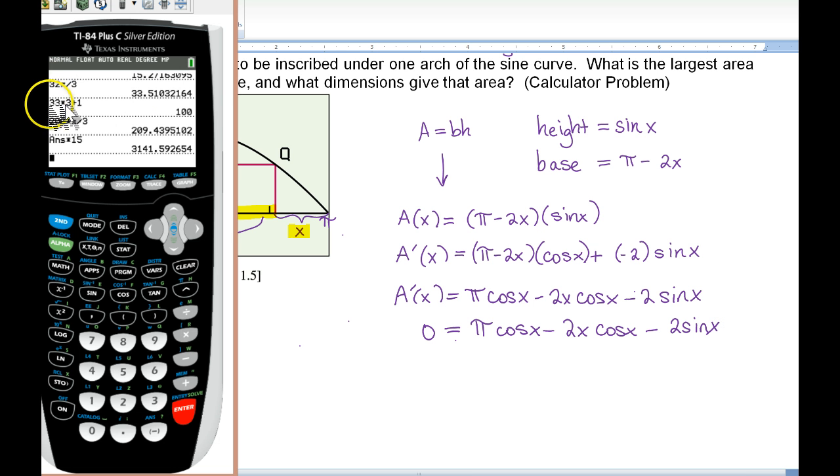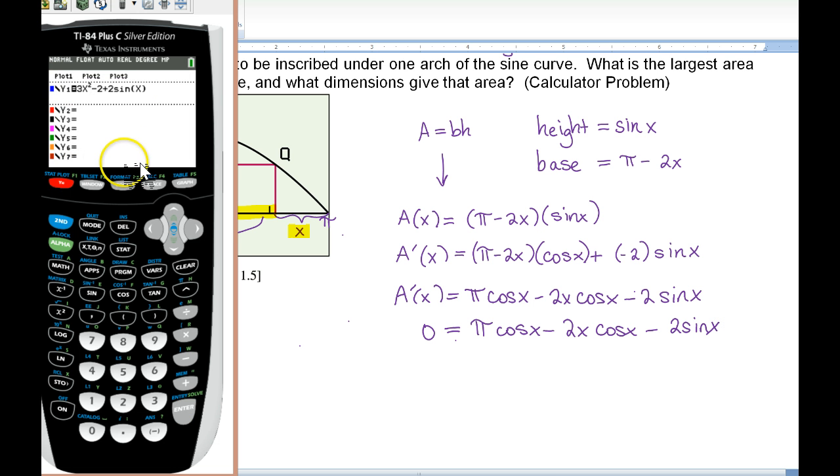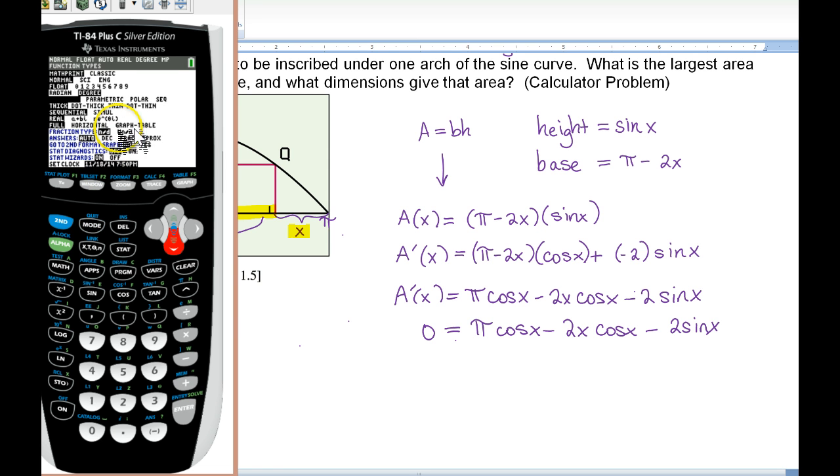Okay, so I'm going to go to my y equals. I have pi cosine x minus 2x cosine x minus 2 sine x. First of all, I want to make sure that it is in radians.